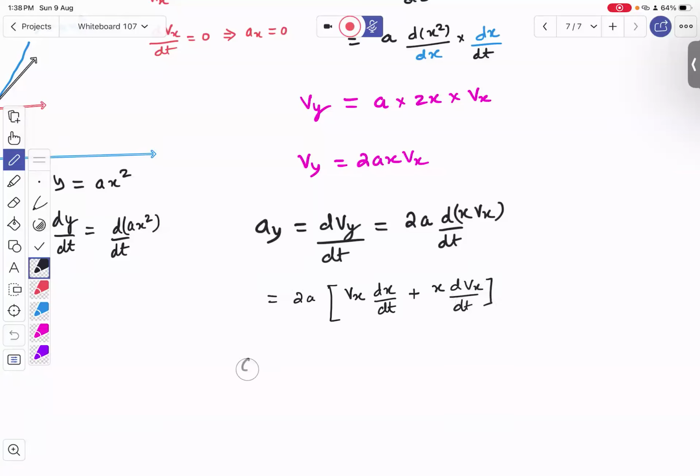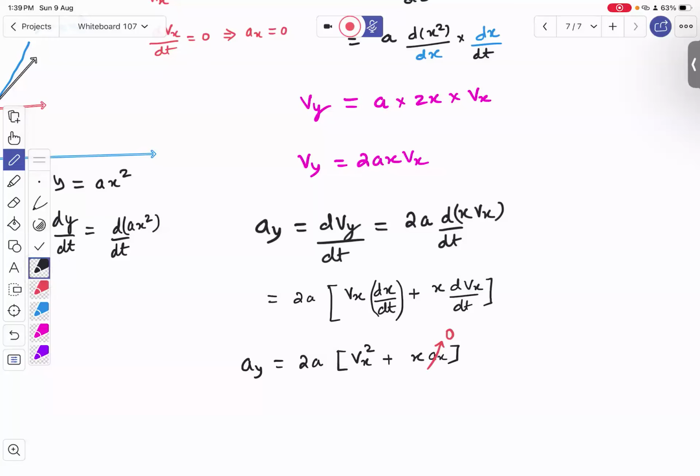So the acceleration along y became 2a. dx by dt is velocity along x, so Vx square. And the differentiation of Vx is ax, so x into ax. That is really our ay, but it is told that ax is 0, so I will replace it with 0.